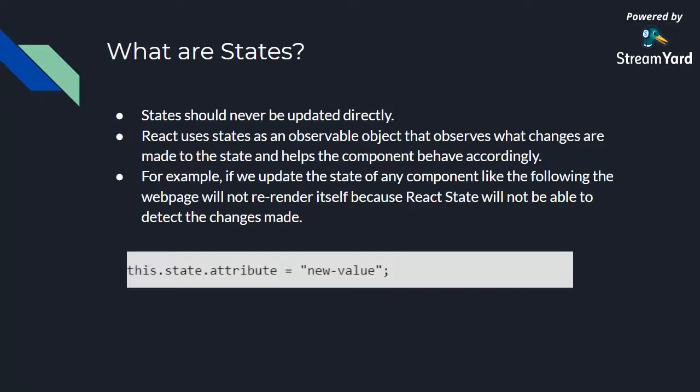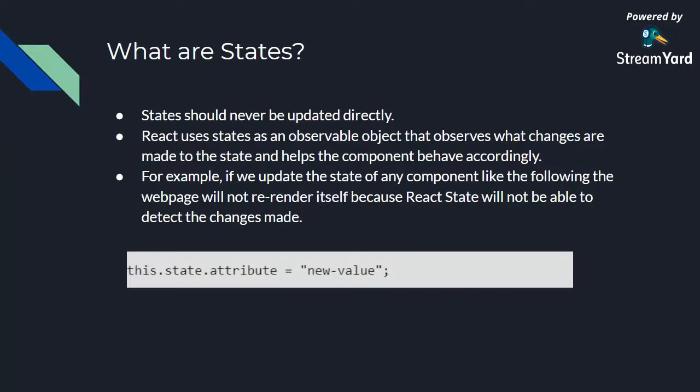So what does observable object mean? It means React uses the state object to observe what changes are made to a state and what changes need to be applied to that particular UI or web page. So if any state variables are used in the UI part of the component, and if the state value changes, React observes that change and updates accordingly.